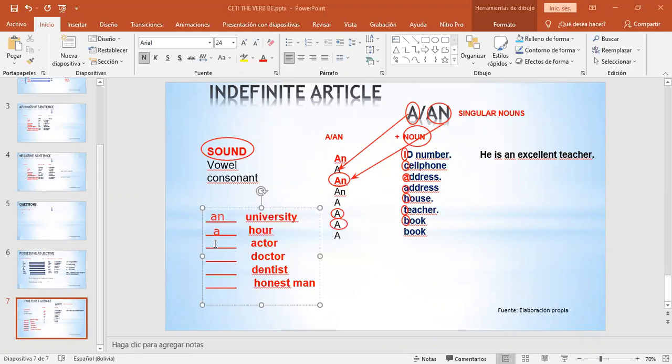An actor. Here, number three, an. Number four, a doctor. A dentist. An honest man.